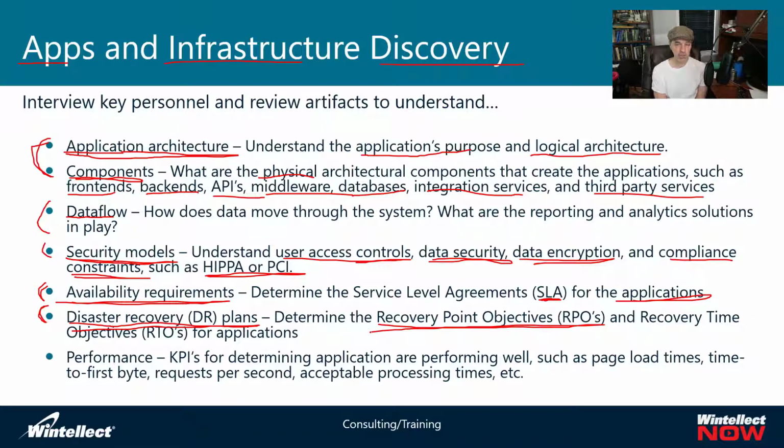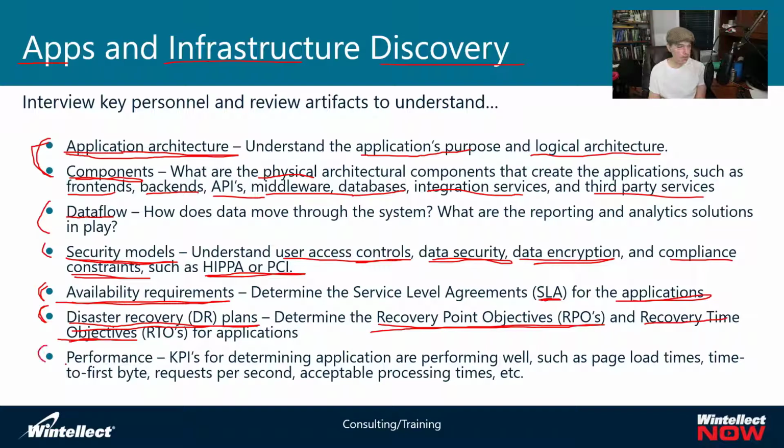And that's typically measured in a span of time. So I can lose up to an hour of data. I can lose up to 5 minutes of data. Or something like that. And then a recovery time objective, which is basically how much downtime can I tolerate in the event of a disaster. I can tolerate 0 downtime, I can tolerate 5 minutes, I can tolerate 5 hours, I can tolerate 2 or 3 days. And those kinds of recovery time objectives basically determine how quickly I'm going to bring an application back up to an operational state.